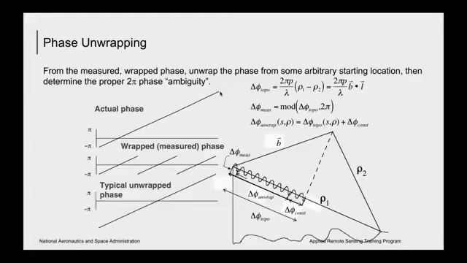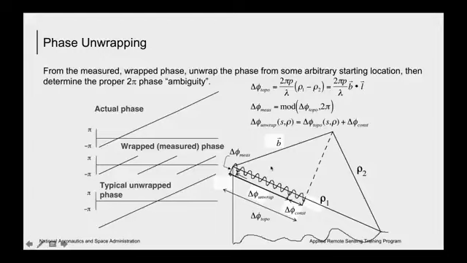It's basically going around a circle, and we can only measure where it is on the circle and not how many times it's gone around the circle. And on this line, we show what the original phase is, because we cannot measure how many cycles of phase there are.